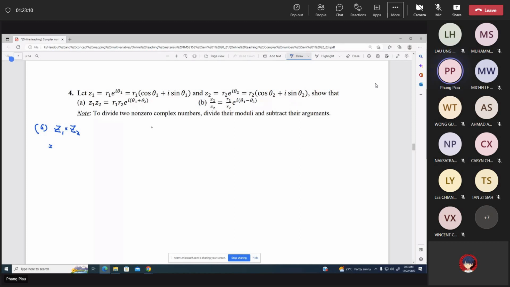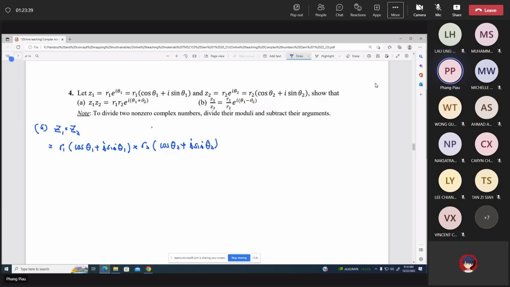Because you know that our Z1 can be written as R1 (cos theta 1 plus I sin theta 1), then multiplied with your Z2, which is R2 (cos theta 2 plus I sin theta 2).